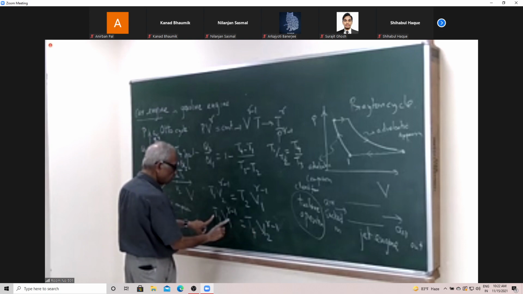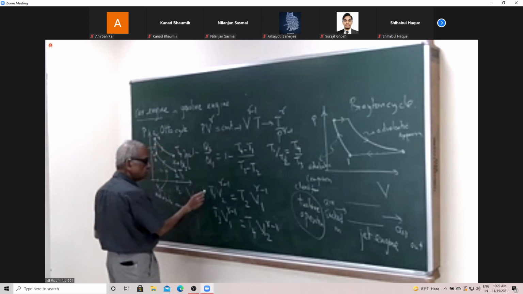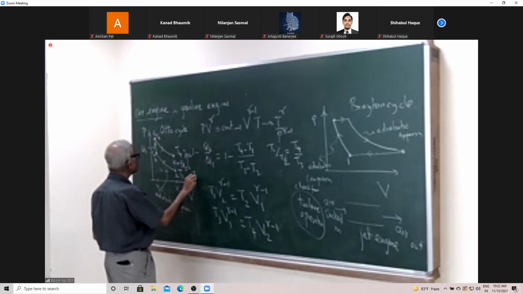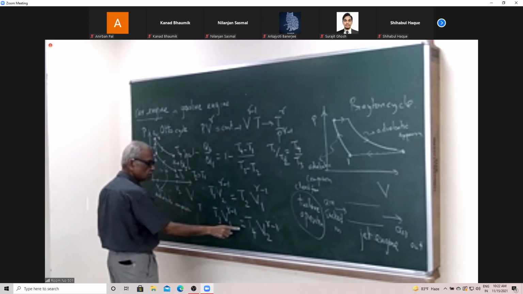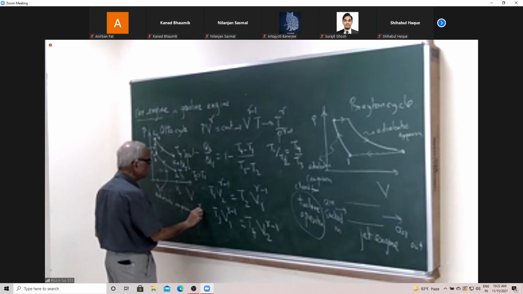V2 is larger, so T3 is greater than T4. So T2 here is greater than T1. And this is consistent with having T4.